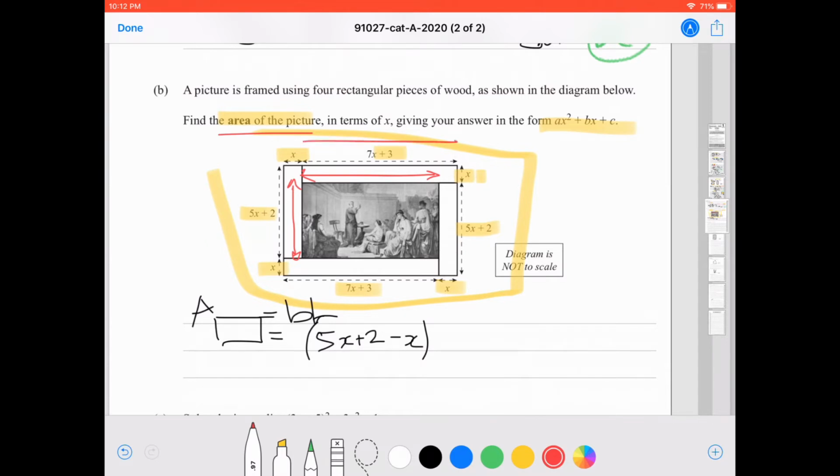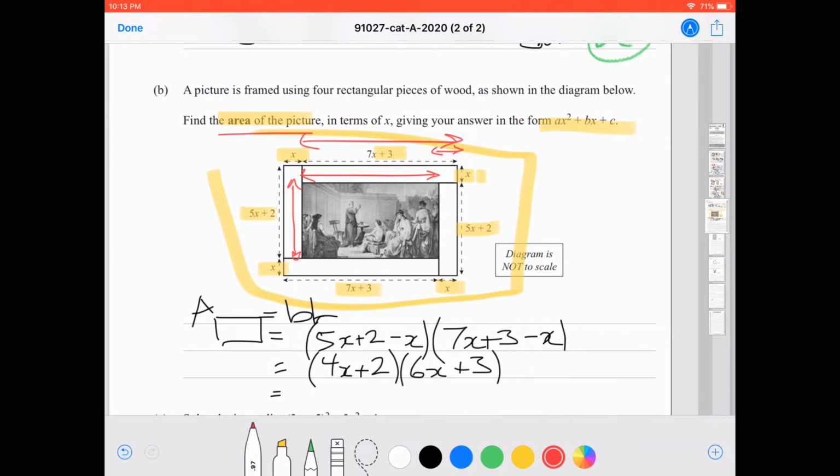It's this whole length and then minus this x here. So we can simplify our brackets. We can say 4x plus 2, and that's multiplied by not 7 but 6x plus 3. And now we can expand.